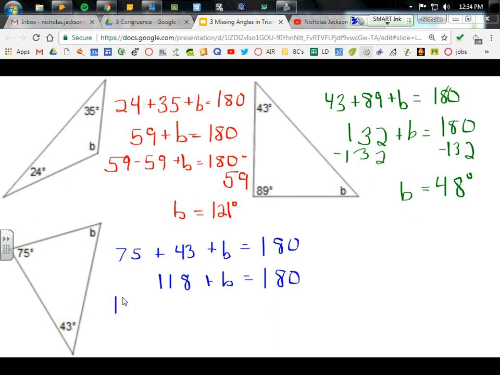Subtract 118 from both sides. And we get that B equals 62 degrees.